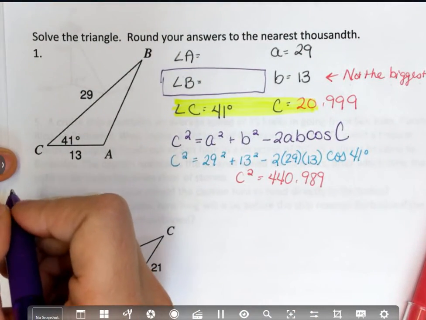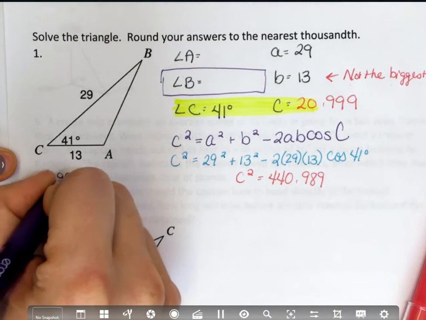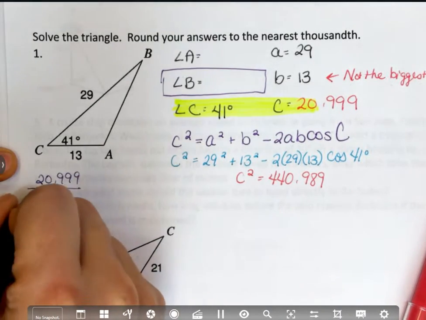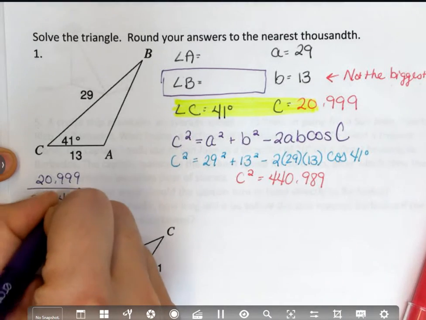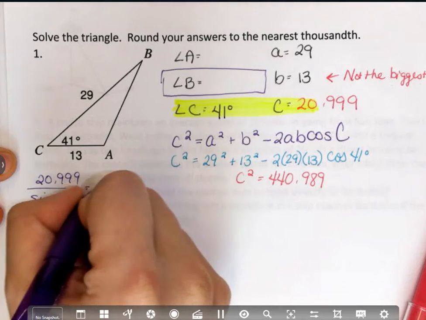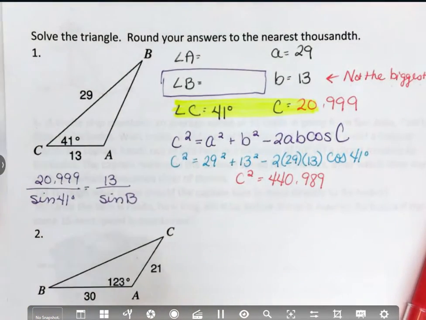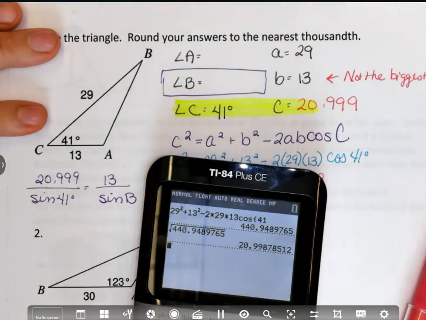And I'm just going to do law of sines. So I'm going to say 20.999 over the sine of 41 degrees is equal to 13 over the sine of angle B. I only do this if I'm positive it's not going to be an obtuse angle. Okay, so I'm just going to solve it.